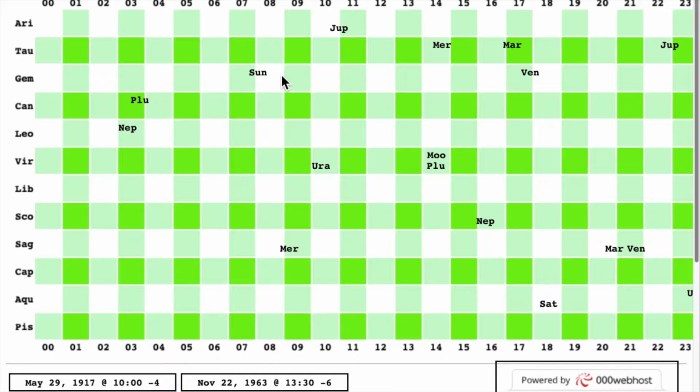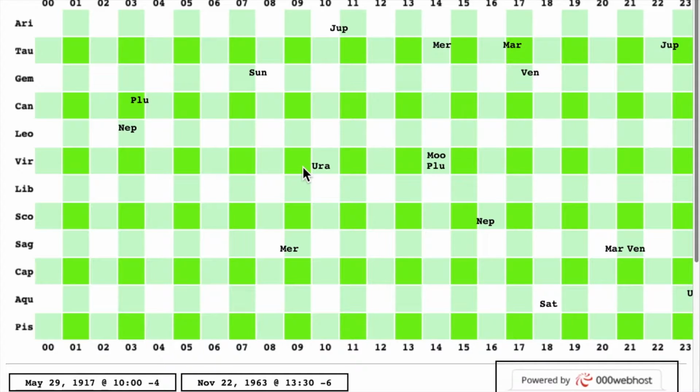So if we start at the natal Sun and we count down 1, 2, 3, that's 3 rows different. And so 3 times 30 is 90. And in astrological circles, that's called a square.